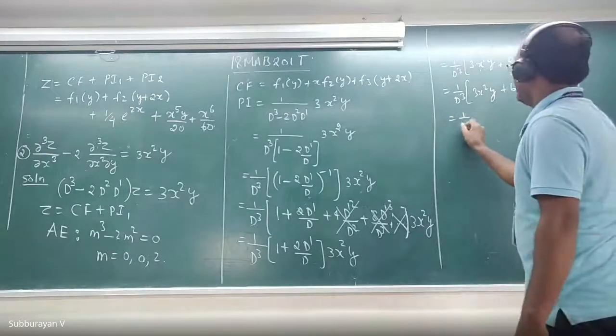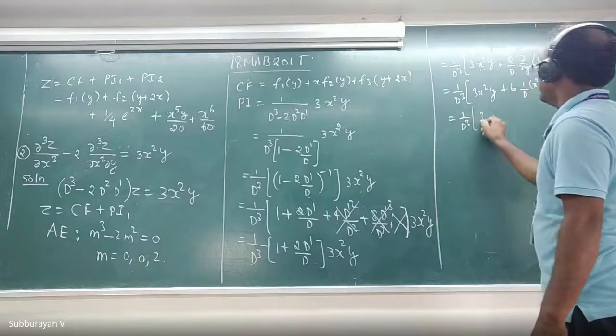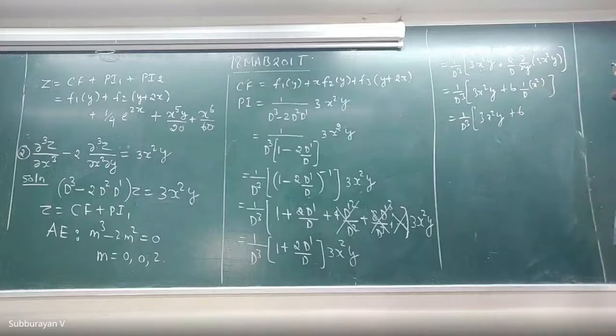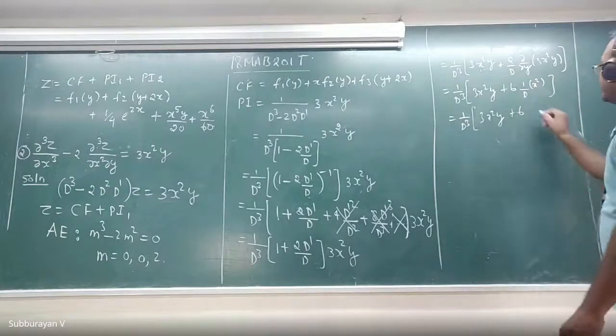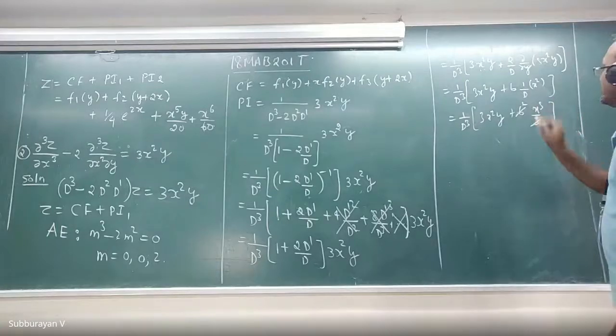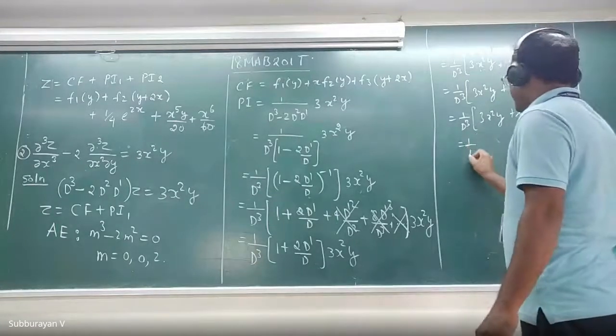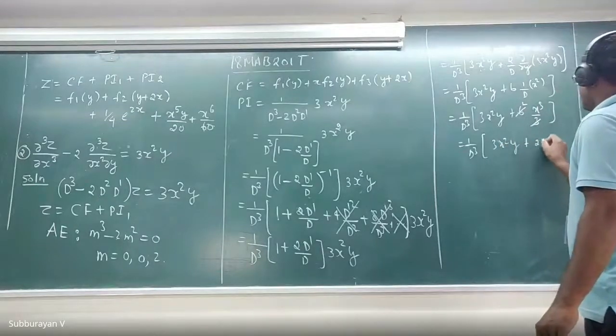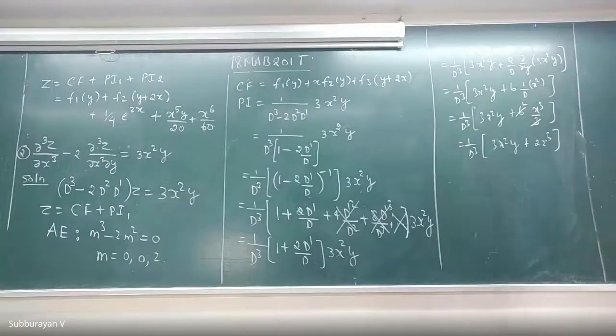That is 1/D³ into 3x²y plus 6 into the integration of x², which is x³/3. So 1/D³ into 3x²y plus 2x³.